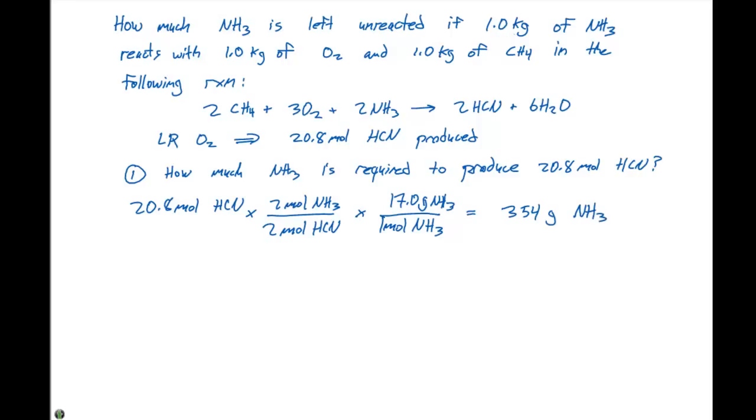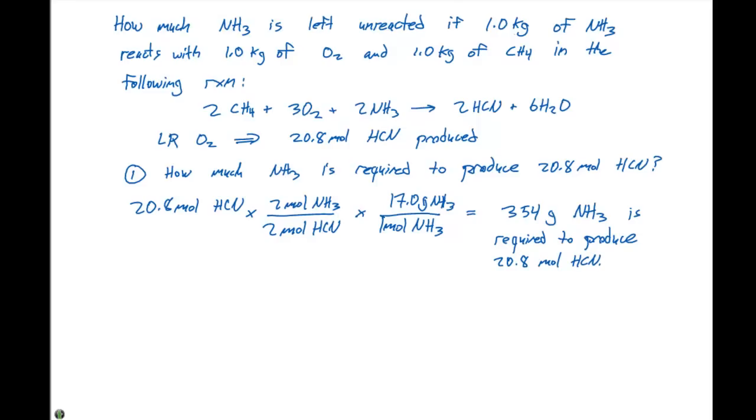Now, when we start calculating these things, I'm going to try to emphasize, how would we express this number in a sentence? This is 354 grams of NH3, and when we express this, we can say that 354 grams of NH3 is required to produce 20.8 moles of HCN.